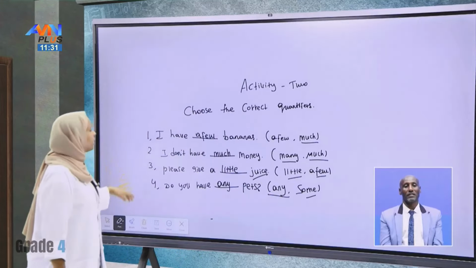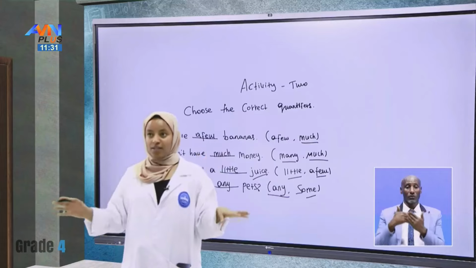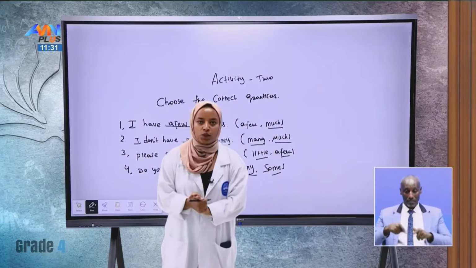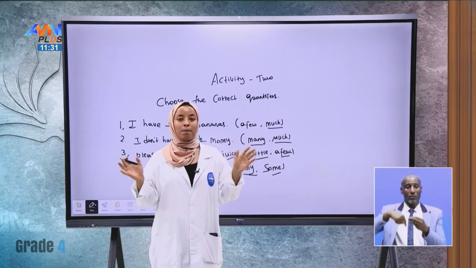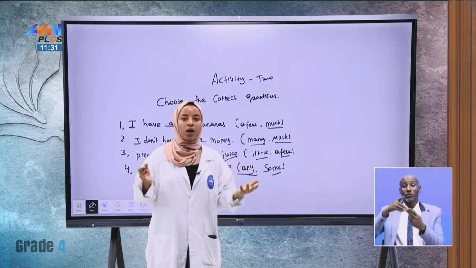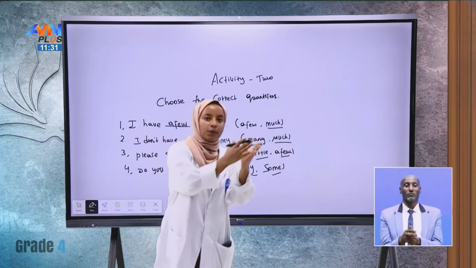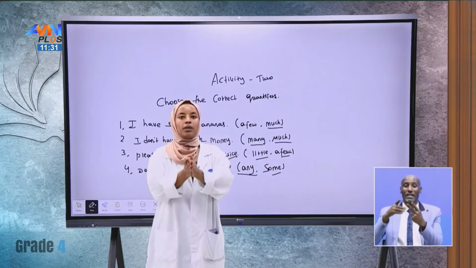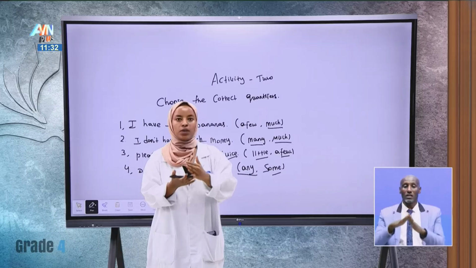This is activity 2. Students, I hope you all are still with me, and let me summarize today's lesson. Students, today we learn about what? Quantifiers, and also countable and uncountable nouns. Countable nouns are things you can count: a book, a dog, a table.